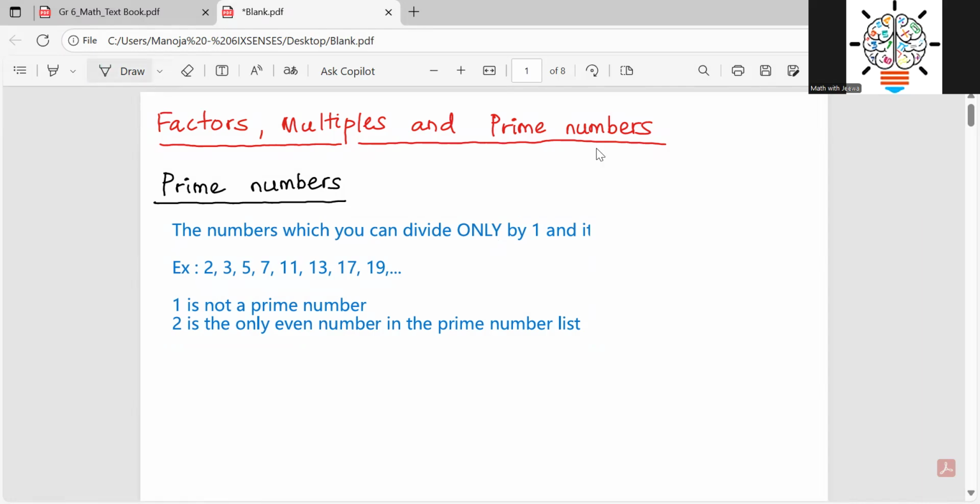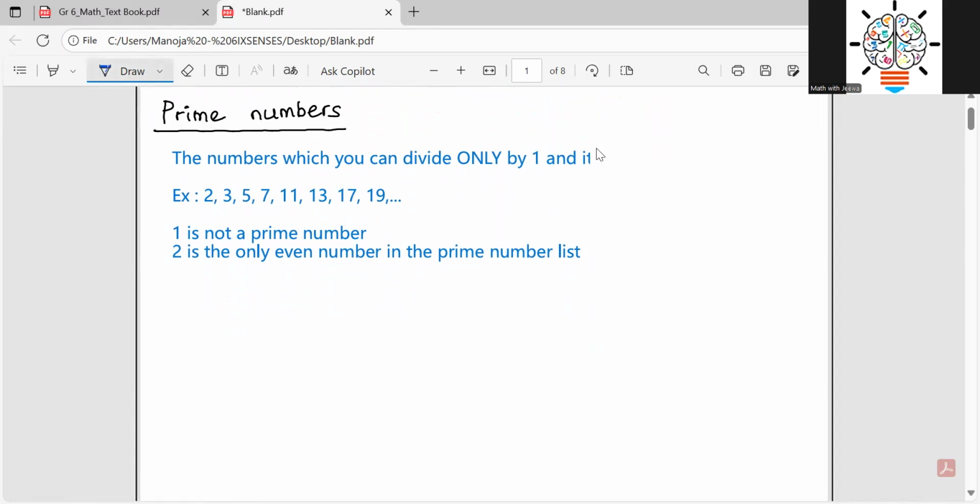Now, if you look at these, children, I told you that 2 I can divide by 1 and itself. If I divide it by 1, the answer is 2. If I divide it by itself, the answer is 1. Then I take 3. I can divide 3 by 1 and 3 by itself. The answer here is 3 and here it is 1.